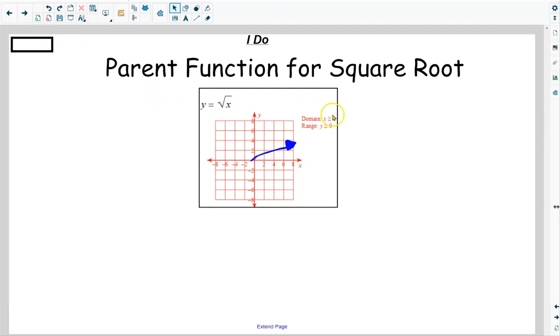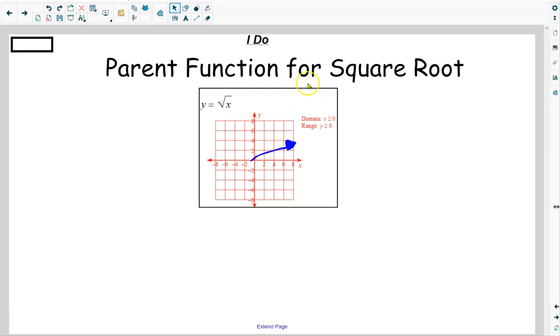This is very important, so have it in your notes, because Algebra 2 requires you to know what a basic function looks like for all the different types of functions we look at. So when you think square root, this is what you think of, the parent function.